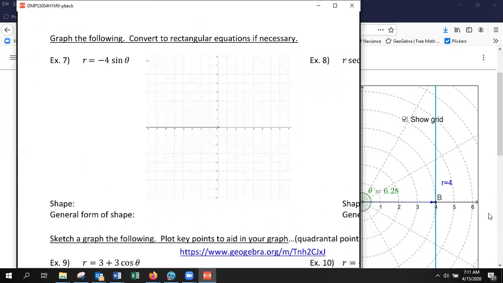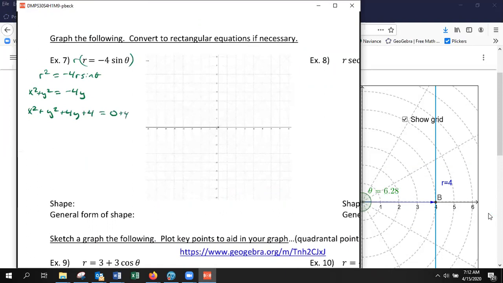So just do a quick recap because these skills are so important to be able to match up the 2 systems. If you remember with a problem like this, we multiplied both sides by the variable r, and we have r squared is -4 r sine theta. So converting to rectangular, x squared plus y squared is -4y. And if you remember, what we did was we brought that y over to the other side so that we could see it in its rectangular form.